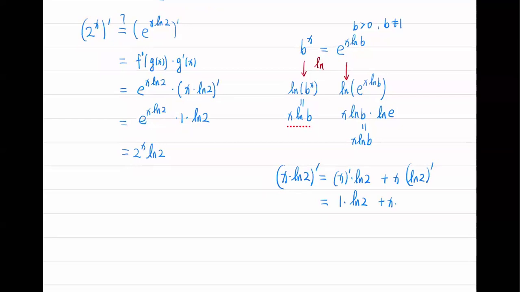And that's why we only need to have logarithm 2, because the derivative of a constant is 0. In the beginning, you are not very familiar with logarithm. When you see it, you say maybe it's a function. But after you get familiar with this, it's just a constant.